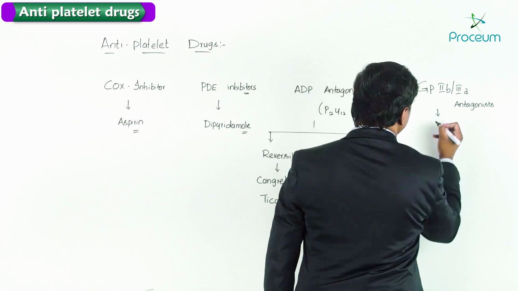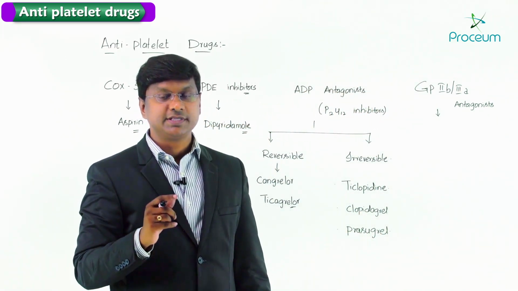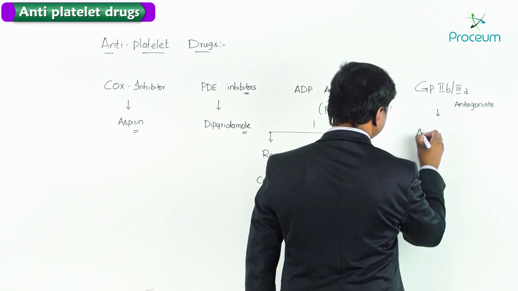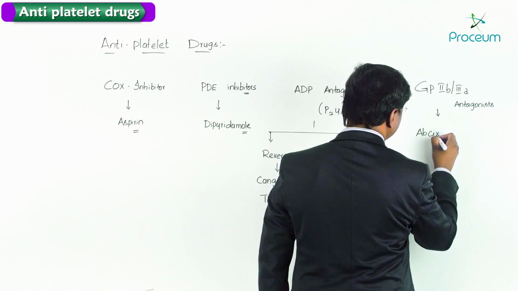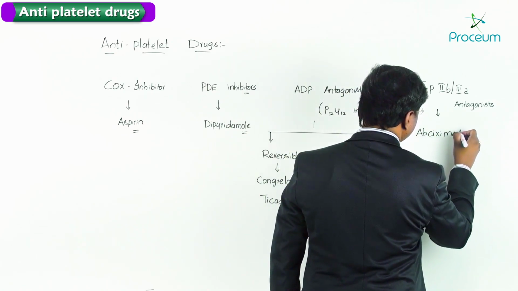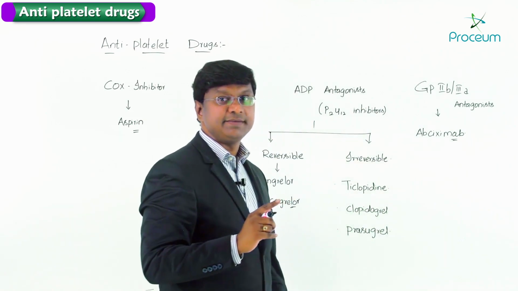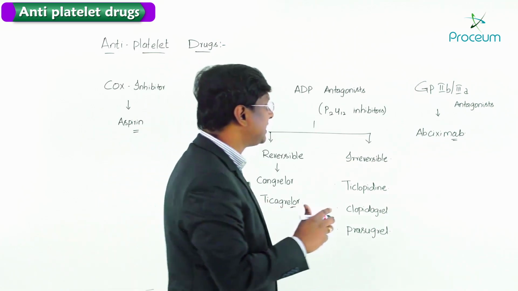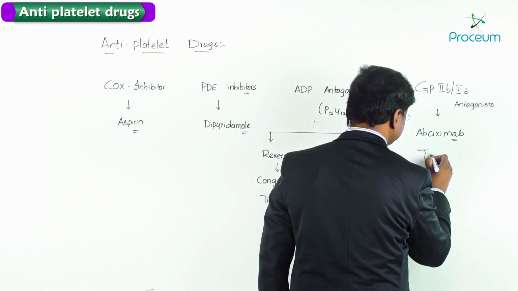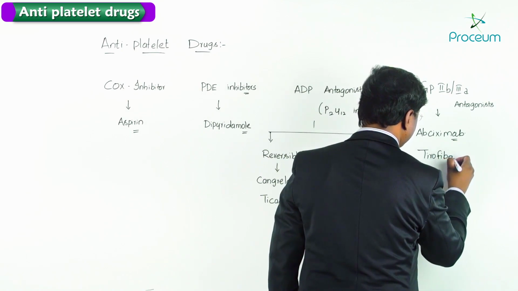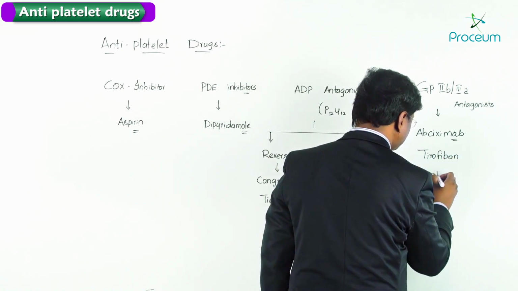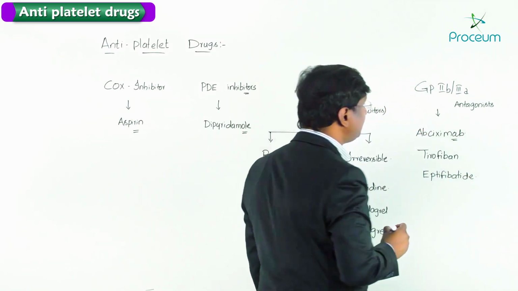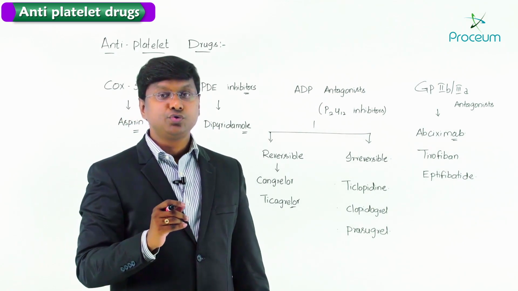They include number one, abciximab, then followed by that we have tirofiban as well as eptifibatide. So this is your glycoprotein 2B3A inhibitors.